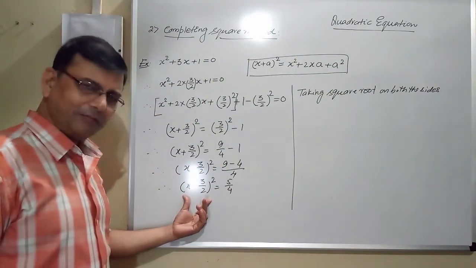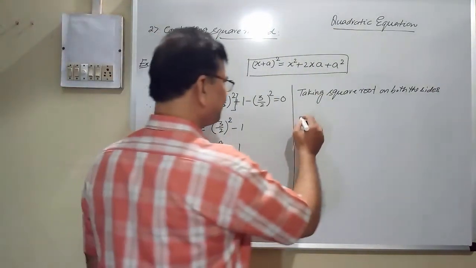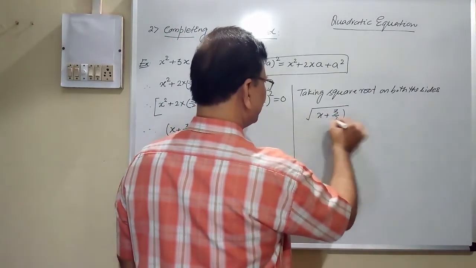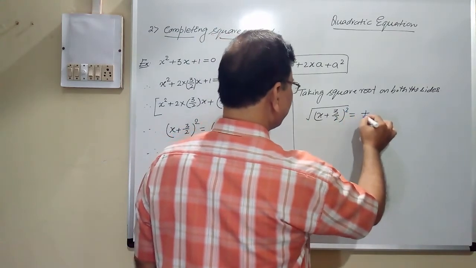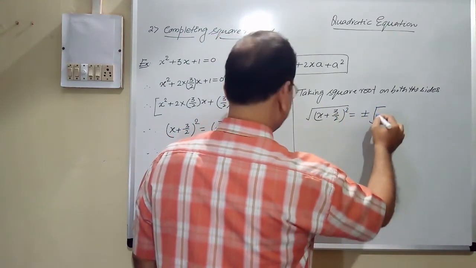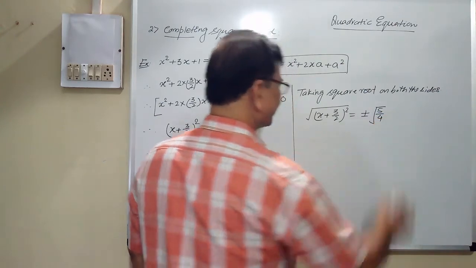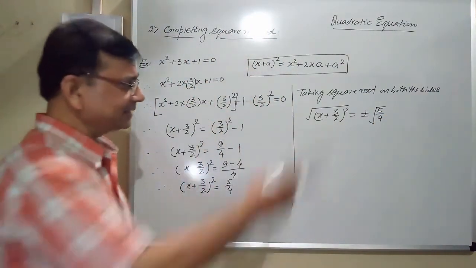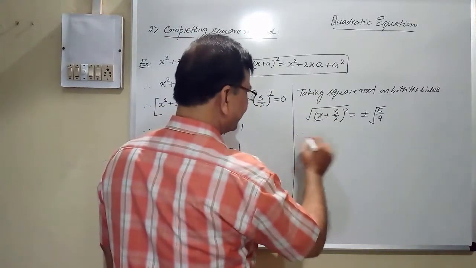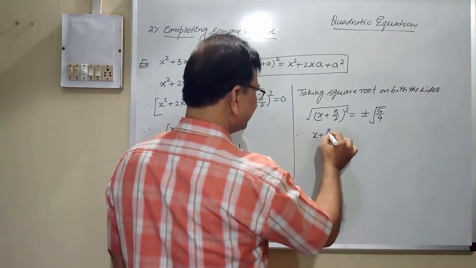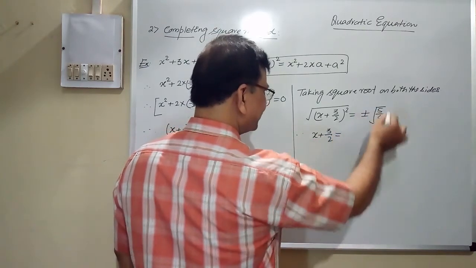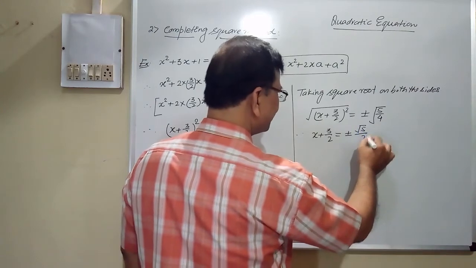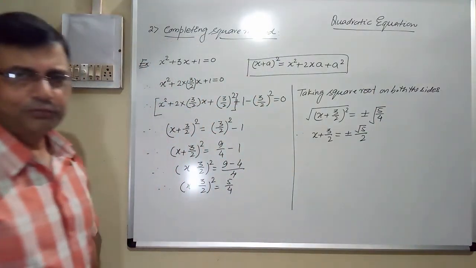Taking square root of this, we will get simply x plus 3 by 2 is equal to plus minus under root 5 by 4. Plus minus, I told you, plus minus under root b. In the same way, therefore, it is x plus 3 by 2, simply on this side you will get plus minus under root 5 by 2, because under root 4 is 2.